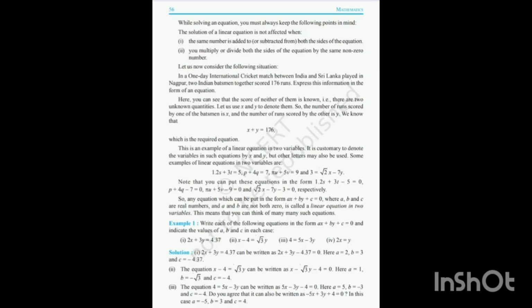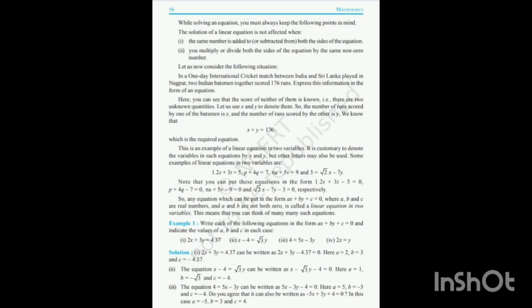So a and b are non-zero. Next, we have two variables, x and y. These two variables have infinite solutions. The solutions can be unlimited.